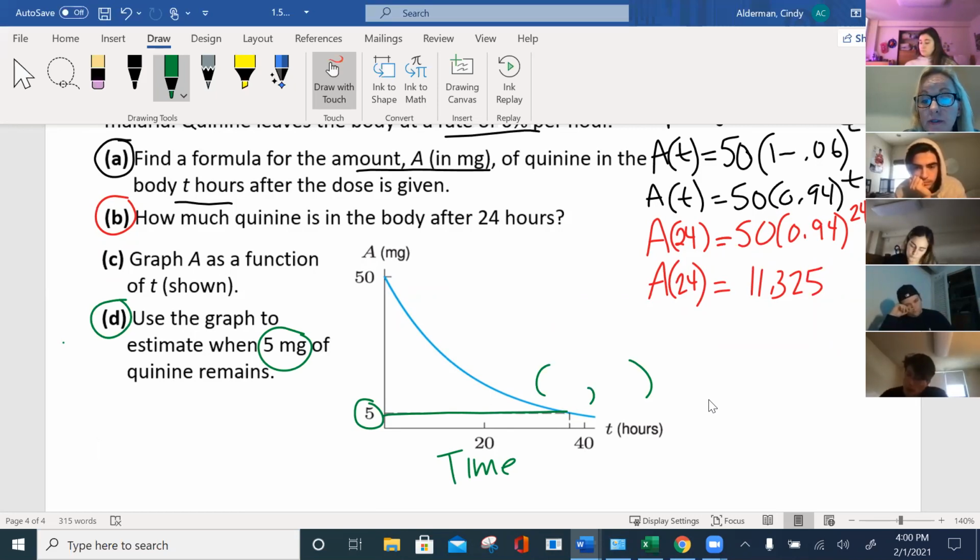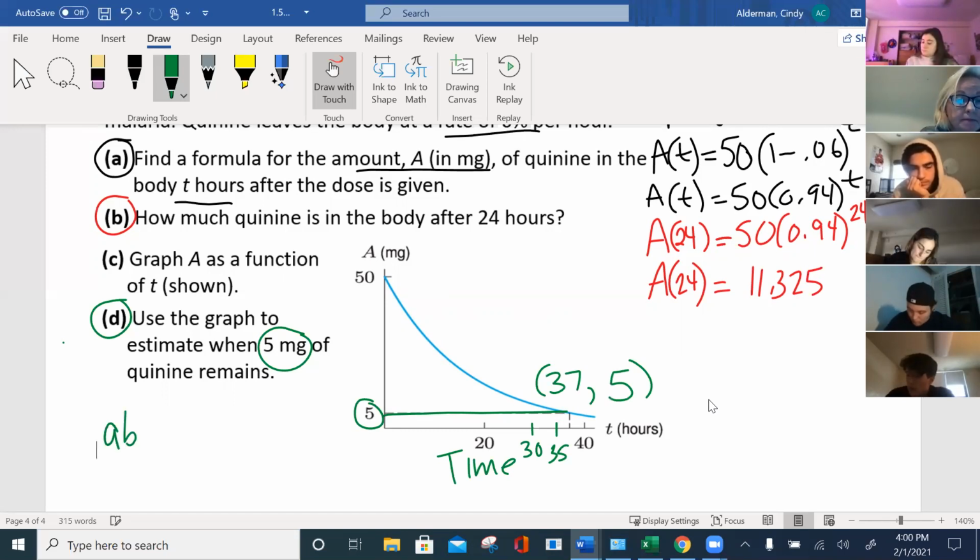So let's see, if that's 20 and 40, we could say that's 30. And then between 30 and 40 would be like 35. So you could guess like 37, right? So when the time is 37 hours, you'd have 5 milligrams. So to answer this question, estimate when 5 milligrams of quinine remains, you would say about 37 hours.